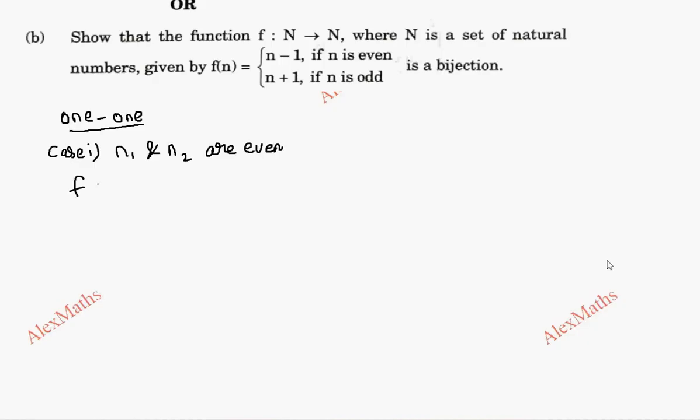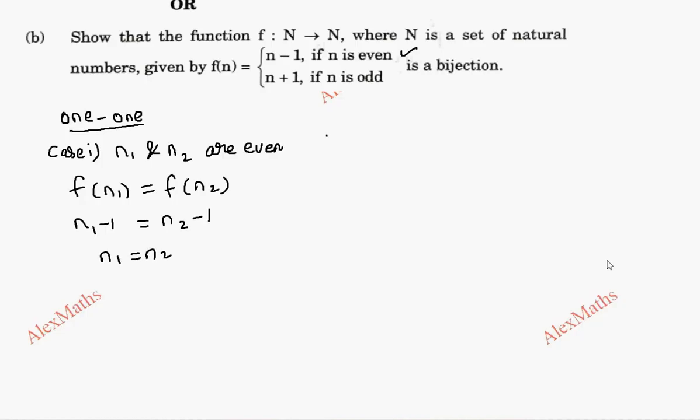So f of n1 equal to f of n2. The first function is n1 minus 1 equal to n2 minus 1. So we get n1 equal to n2.